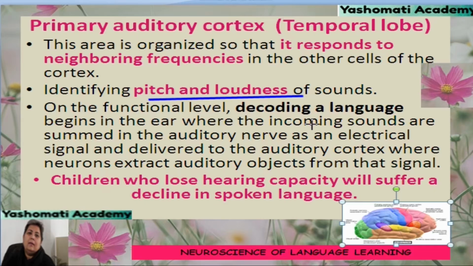On the function level, decoding a language begins in the ear, where the incoming sounds are summed in the auditory nerve as an electrical signal and delivered to the auditory cortex, where the neurons extract auditory objects from that signal.